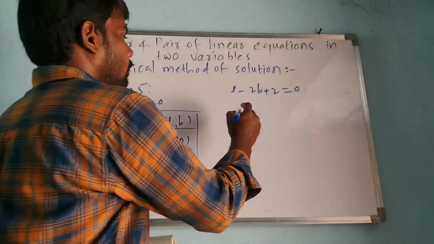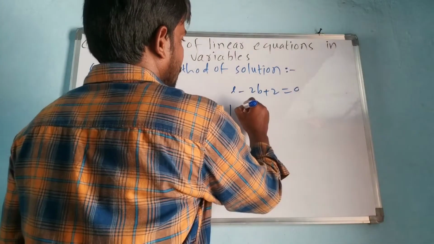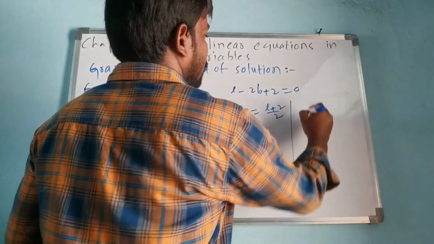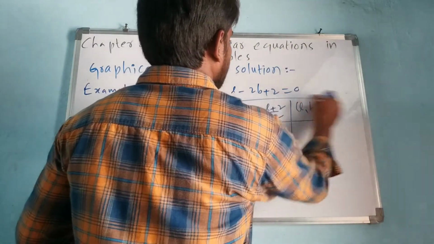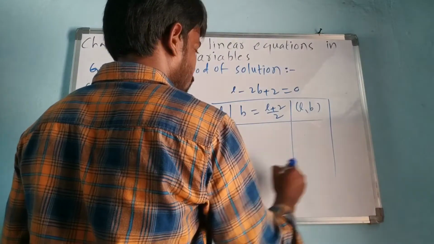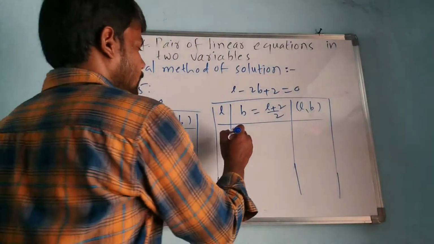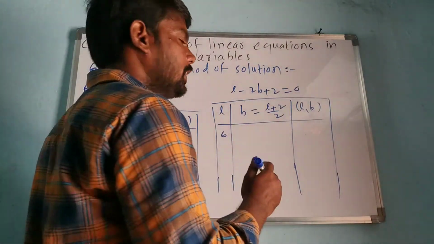So now the first column as usual is L, and the second column B. B is equal to (L plus 2) by 2, and then the third column is L comma B, the coordinate point. So similarly, if L is 6, what happens? 6 plus 2 is 8, 8 by 2, half of 8 is 4.